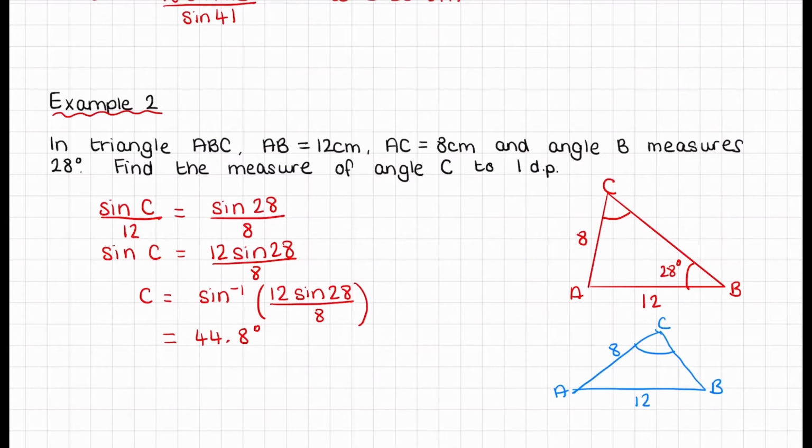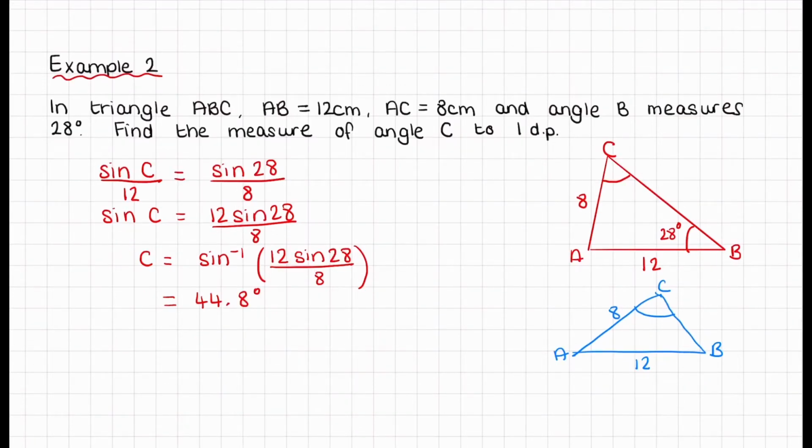We don't know which version of this triangle it is, and this only happens with the sine rule. So we always have to be aware that this could happen, and we need to account for that in our answer. So the answer could be 44.8 degrees, or it could be 180 minus 44.8 degrees, which is 135.2 degrees.